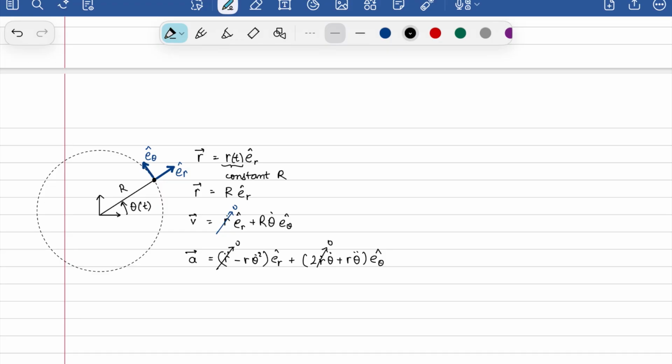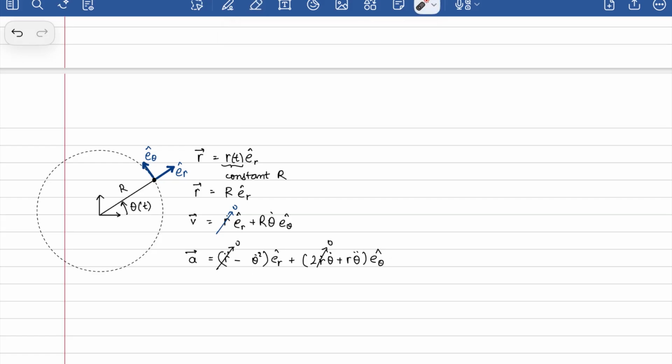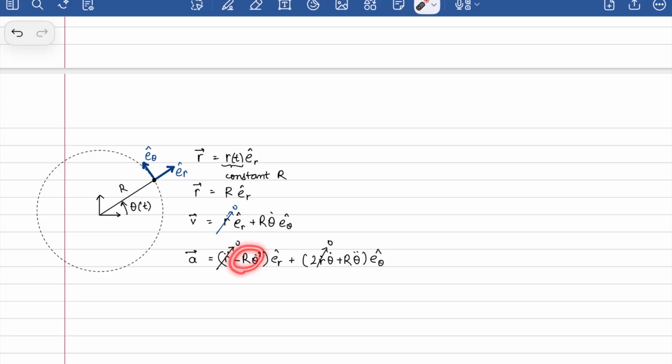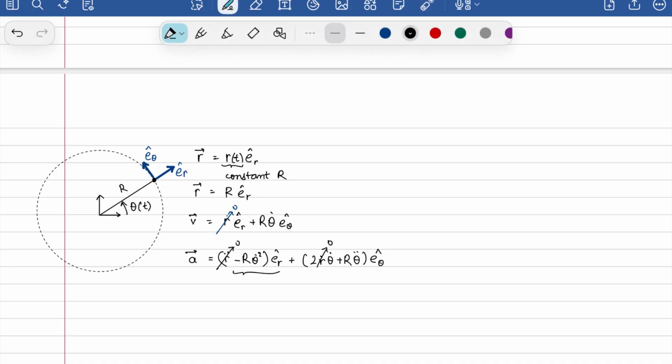And so now you have that the acceleration is minus R theta dot squared e_r hat, where I'm writing capital R to represent the fact that it's a constant, the radius. Which means it's in the opposite direction of e_r hat. It is going inward. This is probably something you've already learned as the centripetal acceleration, the acceleration that's pointing towards the center, right? So this here is your centripetal acceleration.